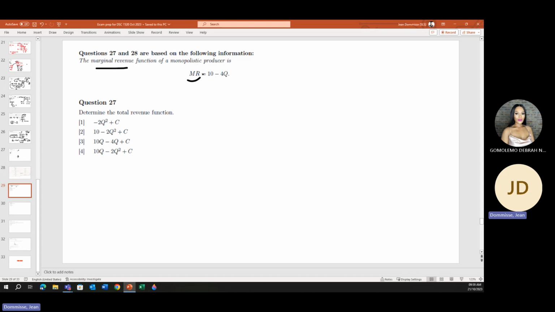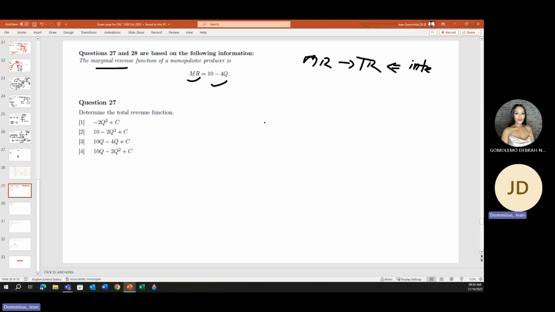So we're getting a marginal revenue and we need to get to total revenue. Remember, if we want to move from marginal revenue to total revenue, we are going to integrate this time. So a lot of differentiation that we did in the previous one, now we need to integrate.